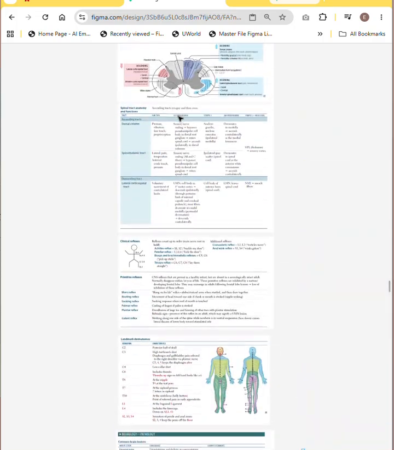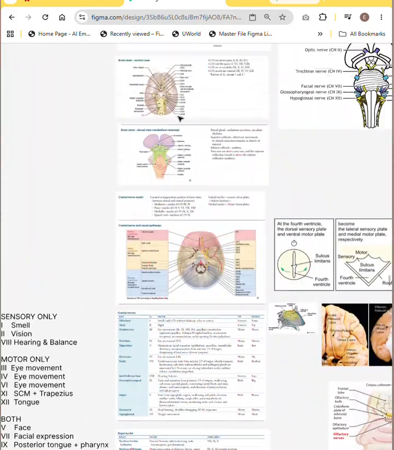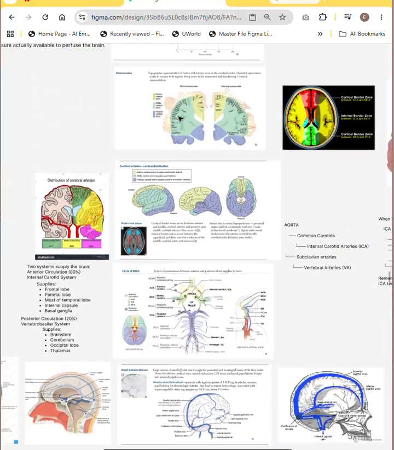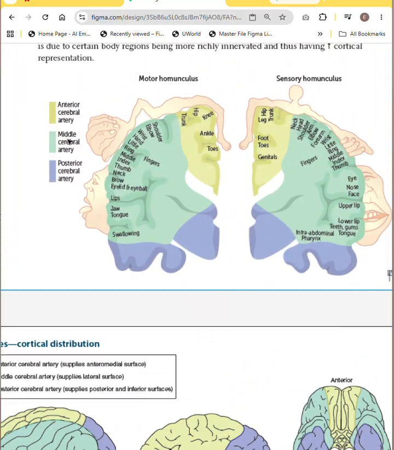I'll show you the middle cerebral artery blood supply, right? Can you see how the anterior cerebral artery supplies the most medial portion and the middle cerebral artery supplies all the other portions? Basically, most of the brain is supplied by the middle cerebral artery, and the posterior cerebral artery only takes the inferior and medial and some of the lateral region.